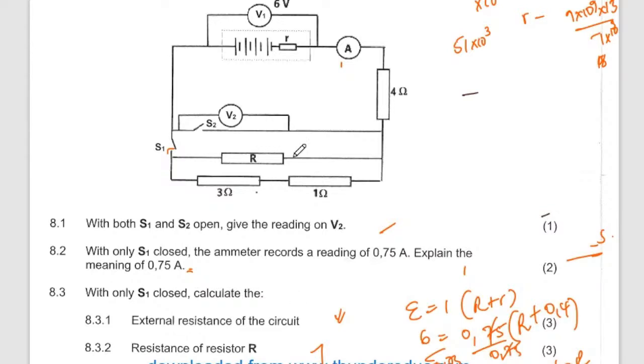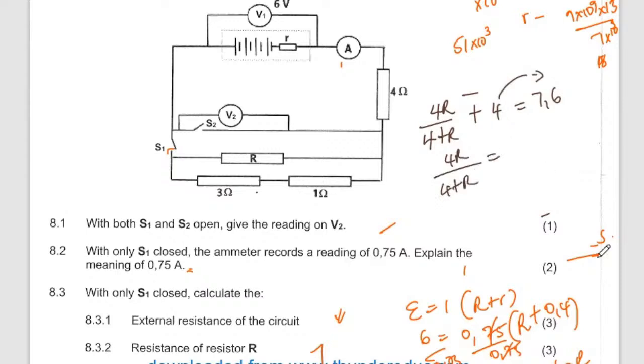So let's see. We said product over the 4 plus R, now plus this 4 ohms must give us the 7.6. Move the 4 to that side. 4R over 4 plus R must give us the 3.6. Cross multiply: 3.6 times 4, I'm getting 14.4 plus 3.6R.